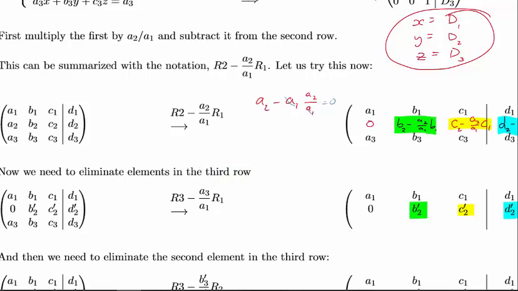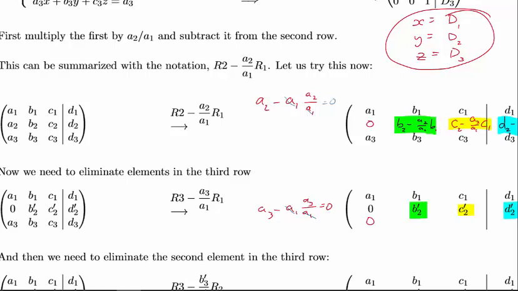So the first guy will be A3 minus A1 times A3 over A1, right? We're just grabbing the elements here and here. And note that when you work this through, A1 times A3 divided by A1, so we're left with A3 minus A3, which of course is 0, and that's what goes here.